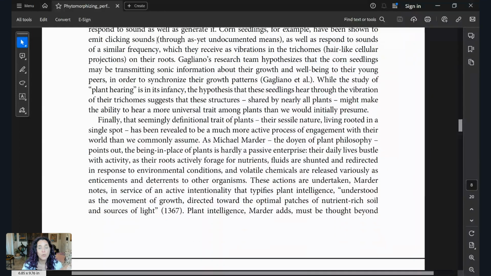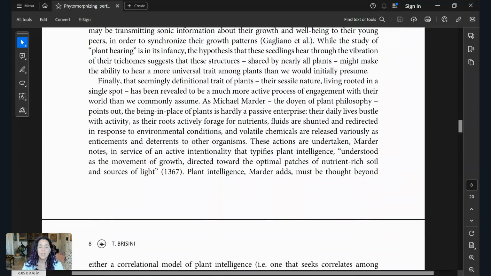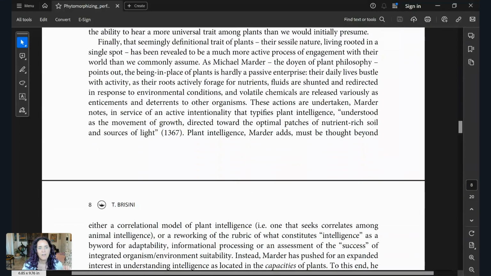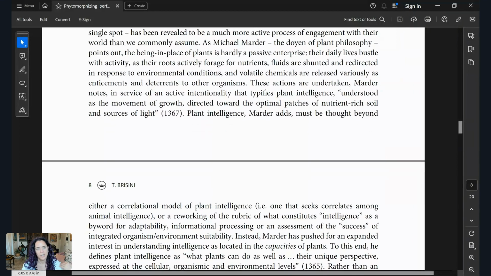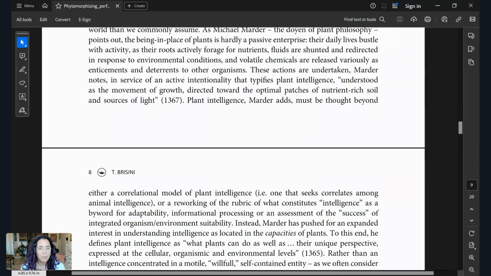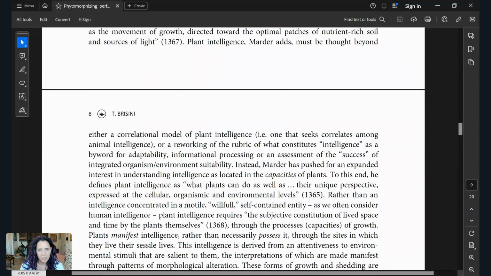So this is how they use sound as some form of expression. Also, we have plant hearing. Finally, the seemingly definitional trait of plants, their sessile nature. Michael Marder, whom we talk about all the time, points out that being in place for plants is hardly a passive enterprise because they have all this different activity that's happening. There's so much going on underneath.